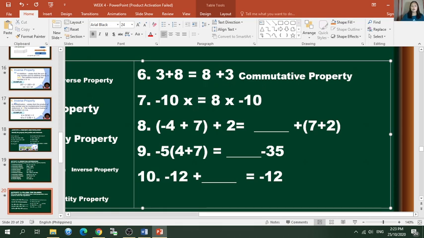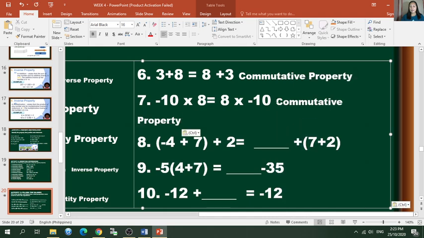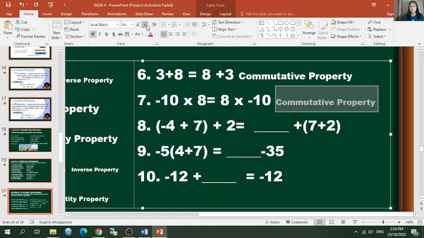So make use of the interchanging of the position between two numbers, negative 10 and positive 8. So this is 8. Same as in number 6. And that is commutative property. I hope you are following.